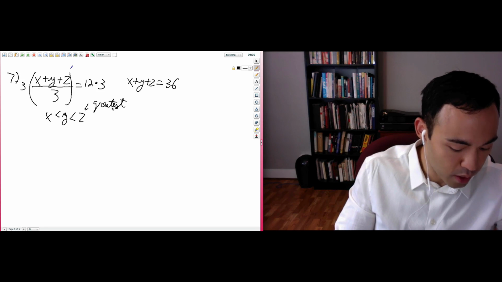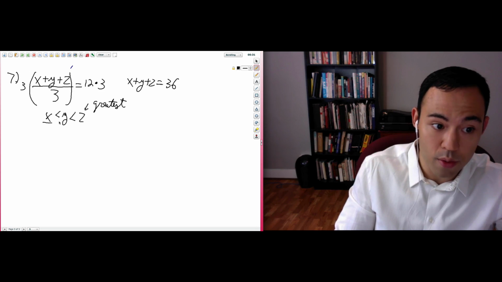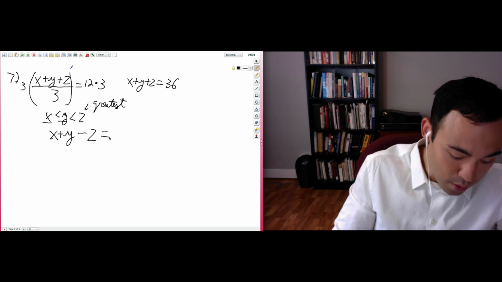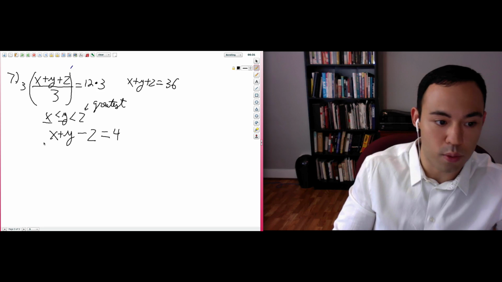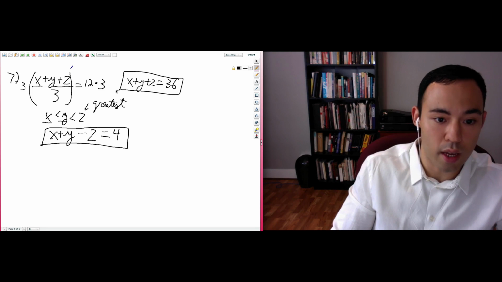All right, let's backtrack a little bit. When the greatest of these numbers is subtracted from the sum of the other two, the sum of the other two is x plus y, and then you subtract the greatest, and then the result, they say, is 4. So we need to look for these two equations amongst their answer choices.